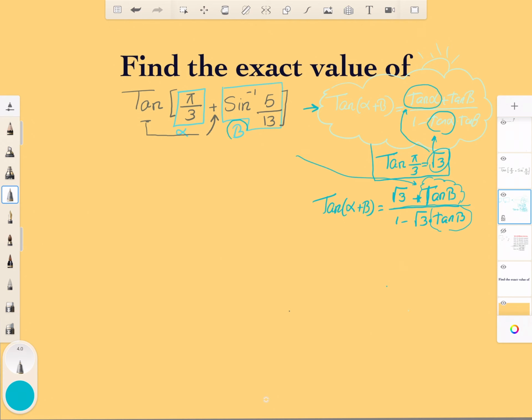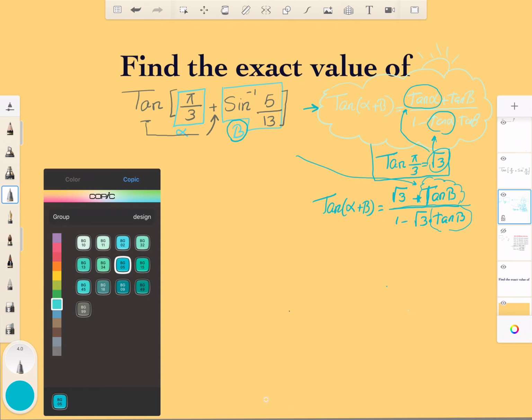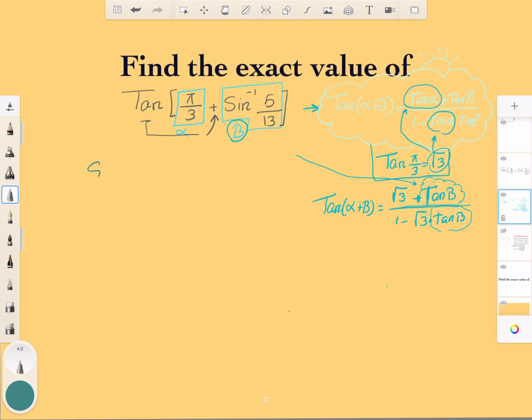What do we know about beta? We know that sine inverse of 5 over 13, I called it beta. From here, that means sine of beta equals 5 over 13.